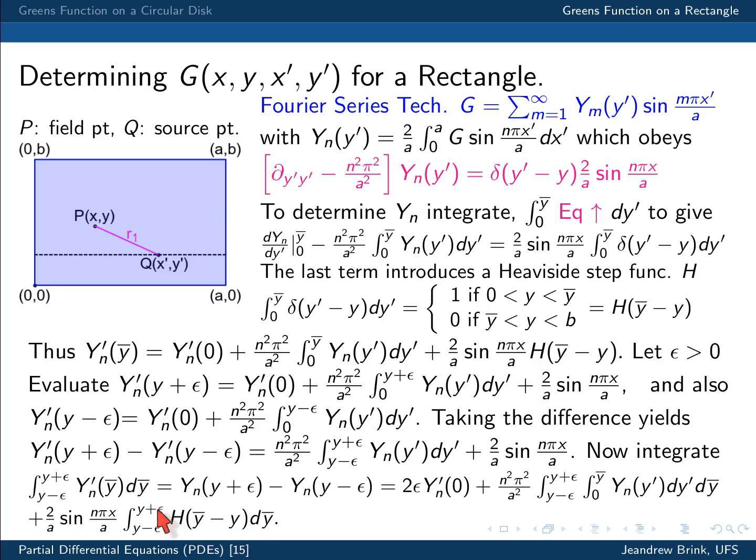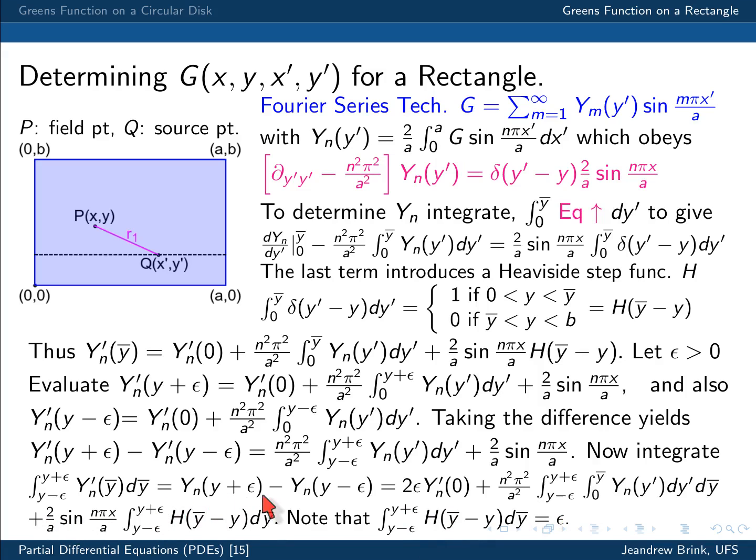So in fact, that's only true for half of epsilon, I mean for basically y plus epsilon greater than y. So that basically becomes epsilon times that region, so we basically have that the integral from y minus epsilon to y plus epsilon of the Heaviside step function is simply epsilon. Okay, which allows us to further simplify this expression.